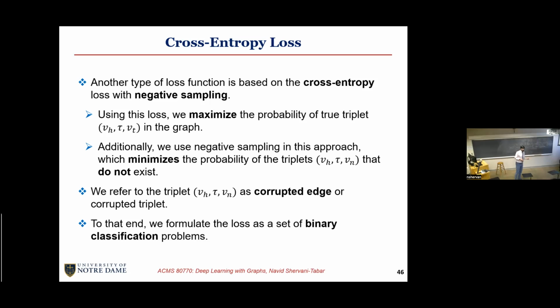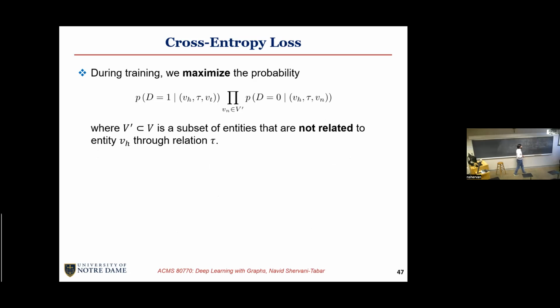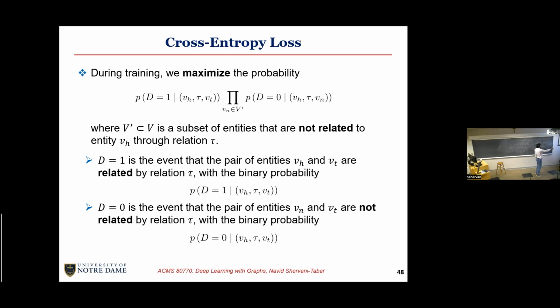So these are two scenarios that we want to classify for. So we can write our probability that we want to essentially maximize as the probability of seeing the triplet that we have in the data.